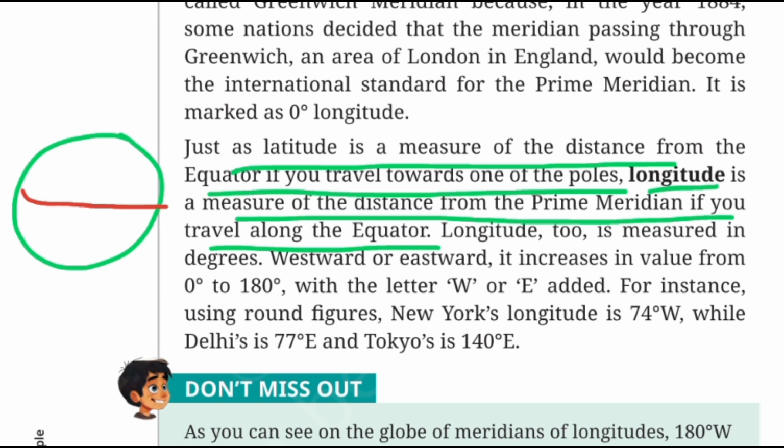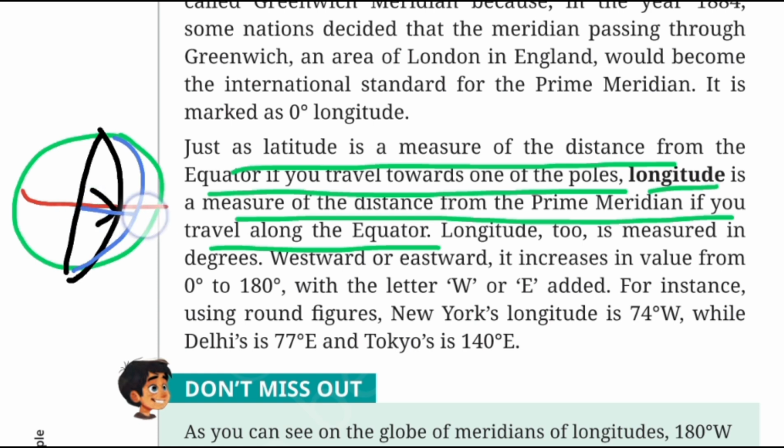Similarly, assume you are moving along the equator. Here is the prime meridian. If you move towards the east, you get another meridian, say the 10 degree east meridian or longitude. Then the 20 degree east meridian, and so on.